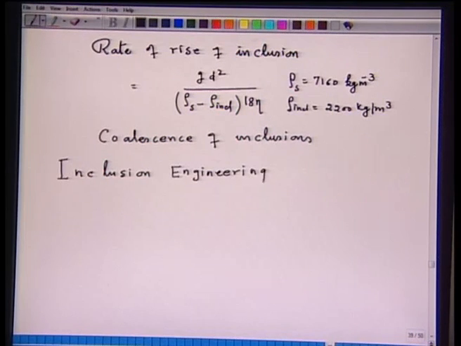Now, in inclusion engineering, what is done? An engineer does not bother about the inclusions which are present, but he tries to modify the inclusions such that their harmful effects are minimized.